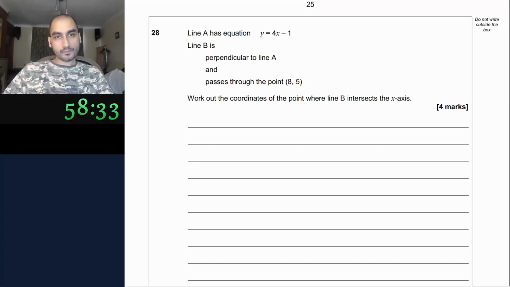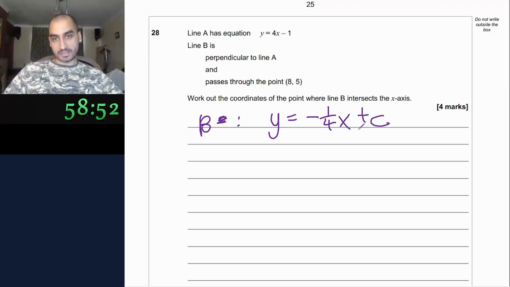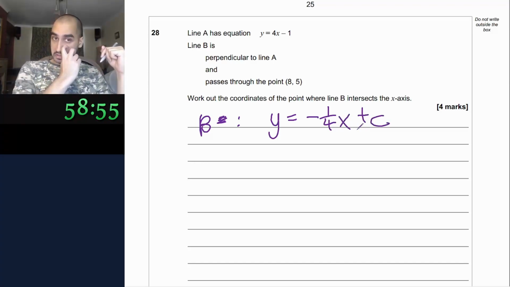Okay. Line A has equation y equals 4x minus 1. Line B is perpendicular to line A and passes through... Okay. So, line B, the equation will be y equals minus a quarter x plus c, because it's the perpendicular gradient.